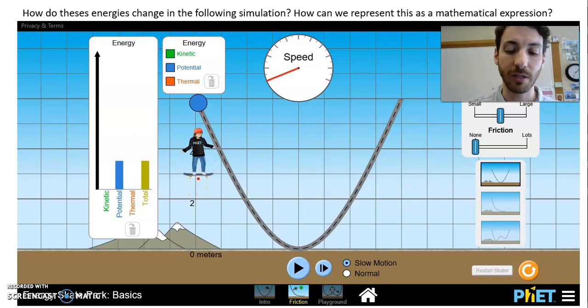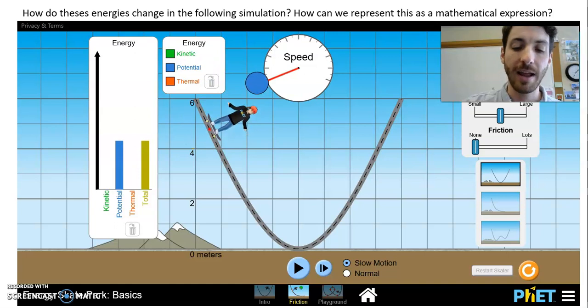And this potential that it's referring to, that blue bar, is referring to gravitational potential. Potential just means stored energy. It can be stored in a variety of matters. You can have electrical potential energy. In this case, it's gravitational potential energy. And as this skater gets increased, their gravitational potential energy also increases.